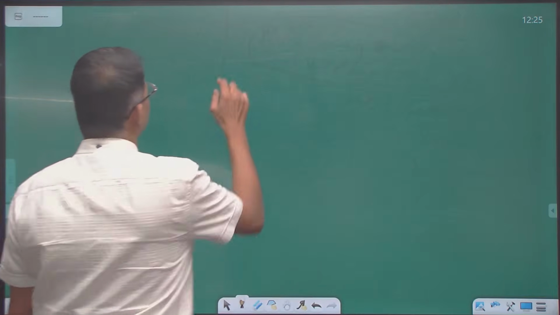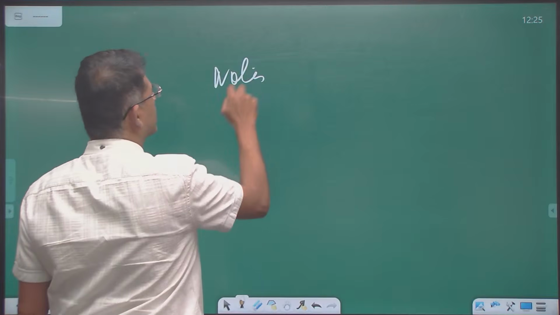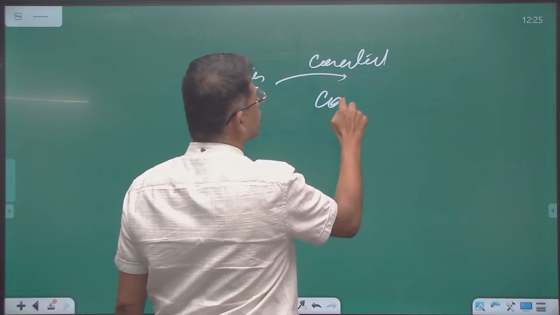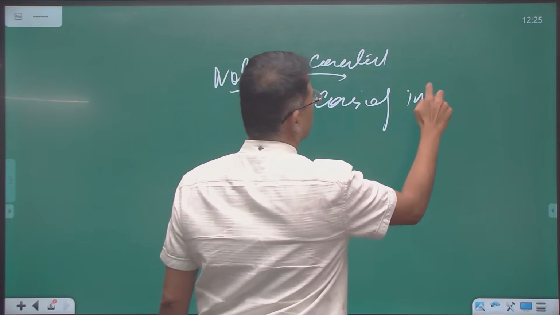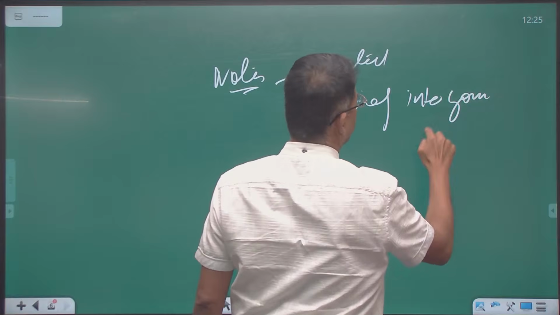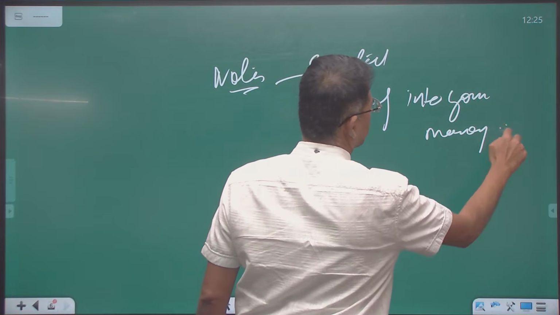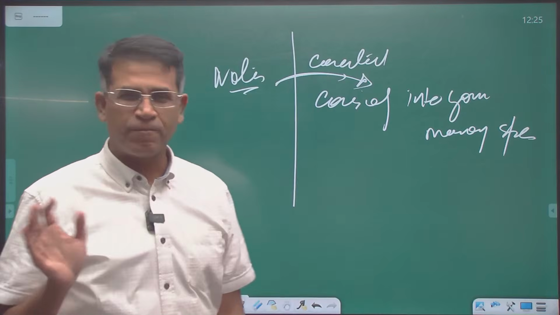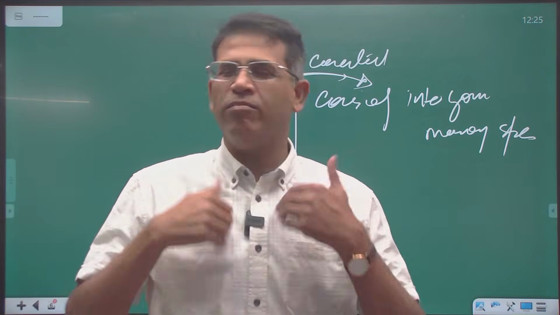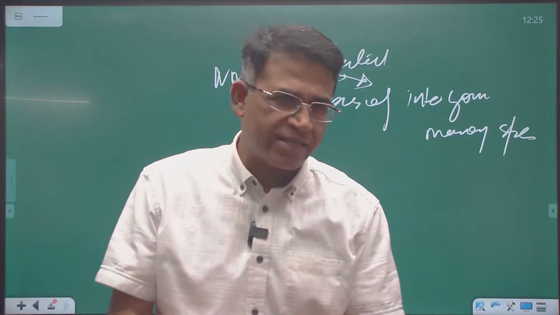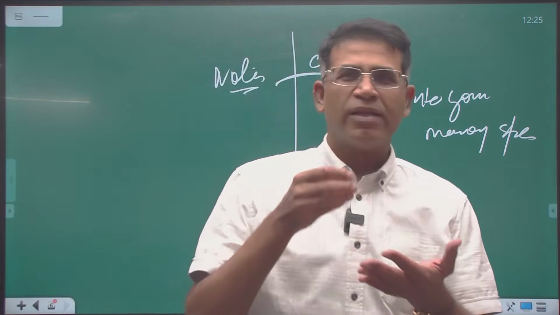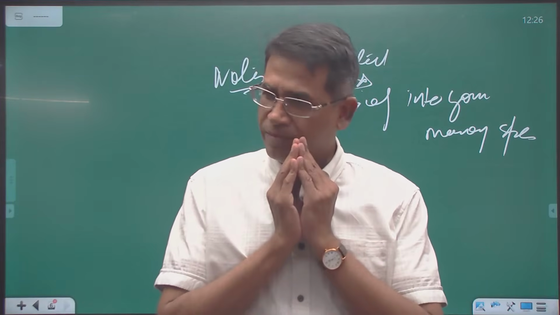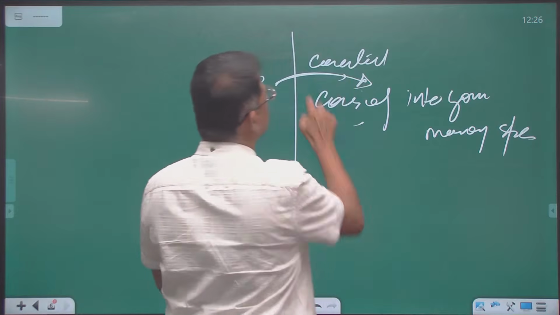Whatever notes we discuss, it has to be converted consciously into your memory space. ये आपको कन्वर्ट करना पड़ेगा. ये अपने आप नहीं होगा. कैसे करोगे? Sit down and revise, re-revise, reread, write down. कैसे करोगे? Mechanical, close your eyes and try recalling. Okay. There is a conscious effort here.